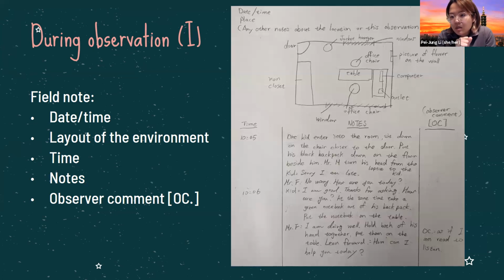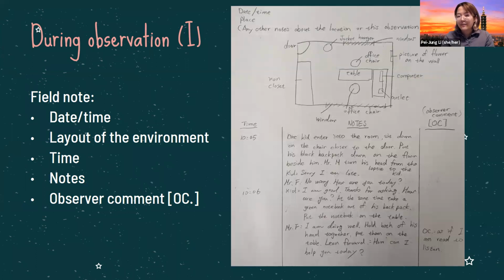And OC is something where, while you are taking down some of the notes, you start to almost have some reflection or interpretation of something. So for example, here, Mr. Av starts to smile, raise his tones, put hands on the table, as if you are starting to do some kind of inference here, interpretation here, like as if he's ready to listen.